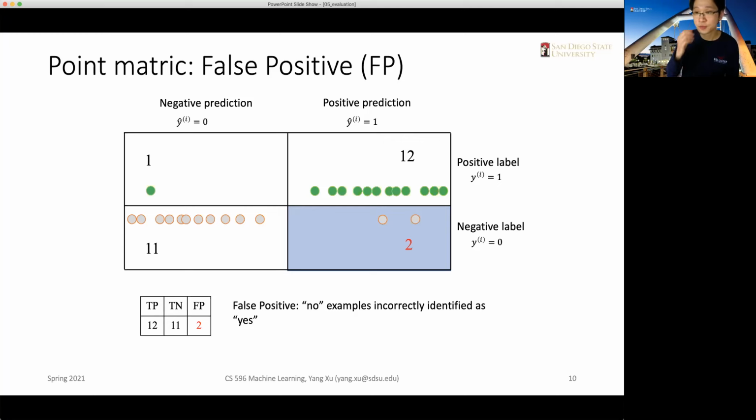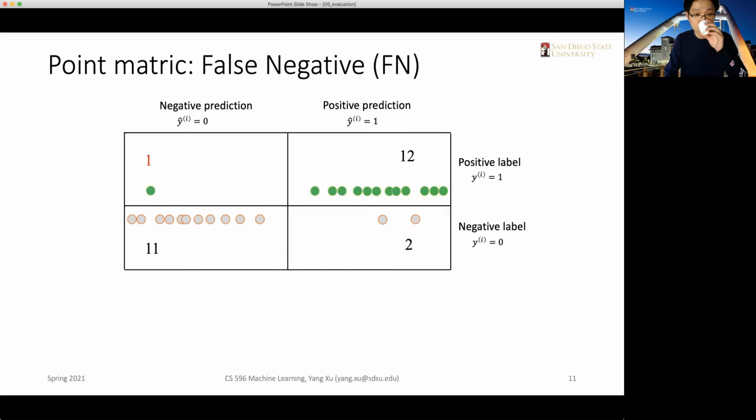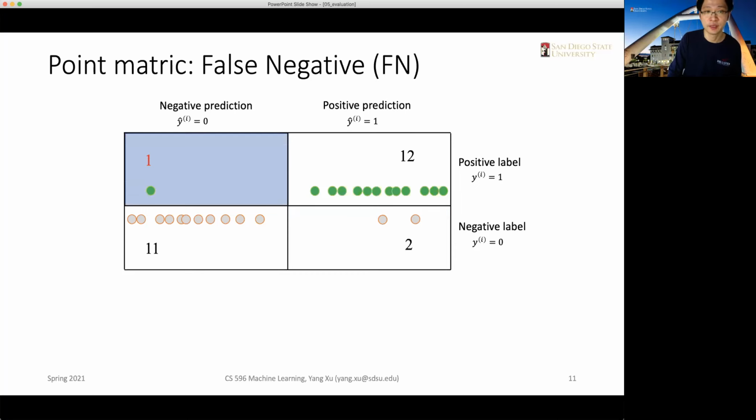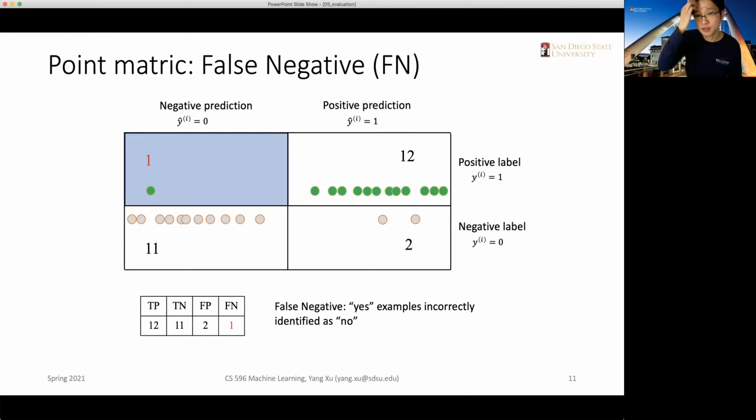We use FP to indicate this quantity. Lastly, the second region is called false negative. It is supposed to be a positive, but now it's a negative prediction. I think these are very reasonable names, right? So having those 4 regions counted, now we have 4 numbers.